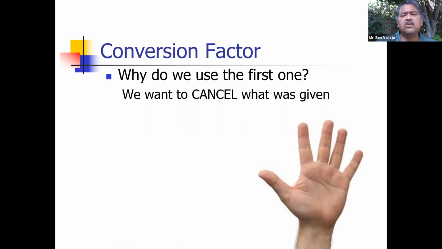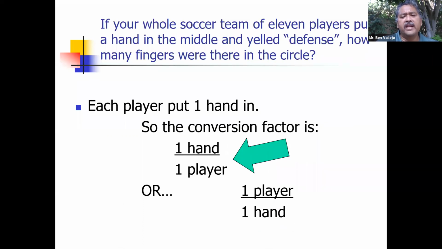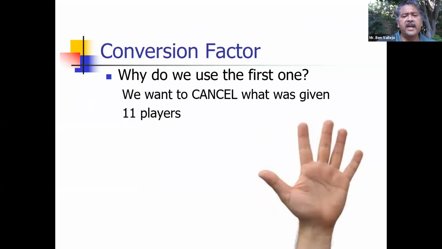We want to cancel what was given. So what was given again is that there are 11 players. And so our first conversion factor, you can write as one hand over one player or one player over one hand. And so we're going to write one hand over one player. Because as you know, mathematically, you have the same thing on the top as you do on the bottom of a fraction. Those you can cancel out because they equal 1.